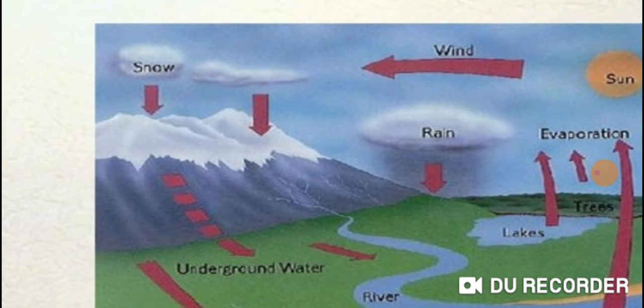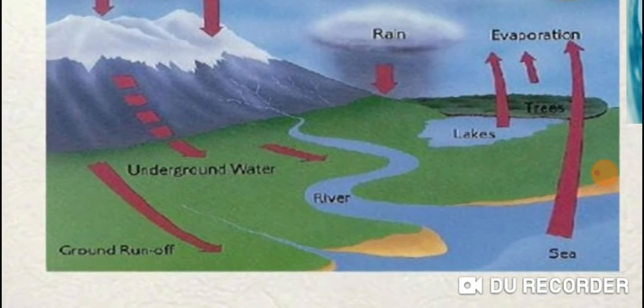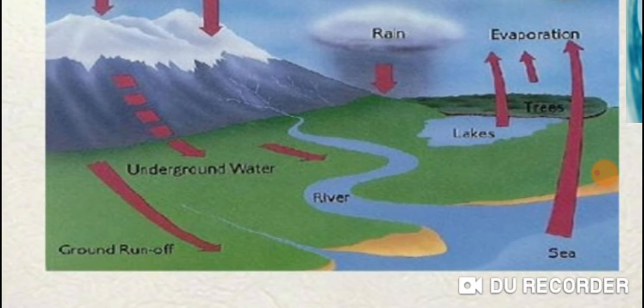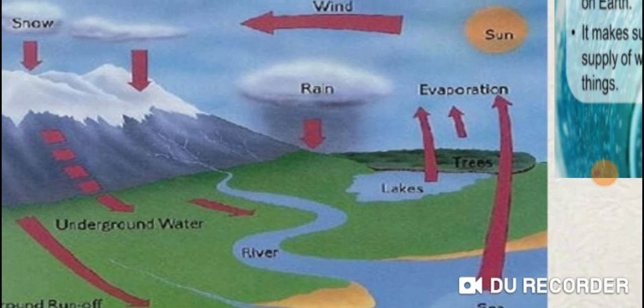And when there is high heat, or in summers, that snow melts and water comes back to the rivers, and it irrigates the land areas and goes into the rivers as runoff. So this is how the hydrogen cycle or the water cycle runs.